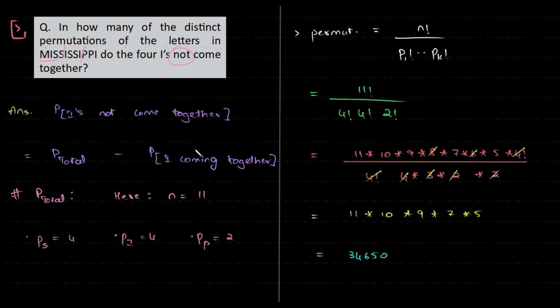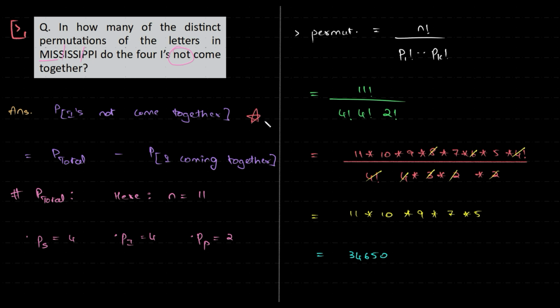So let me repeat it. Whenever we talk about I's not coming together, we figure out all the possibilities and subtract the I's coming together. This is our whole scenario. So figuring this out is not that difficult, but this is difficult, right?